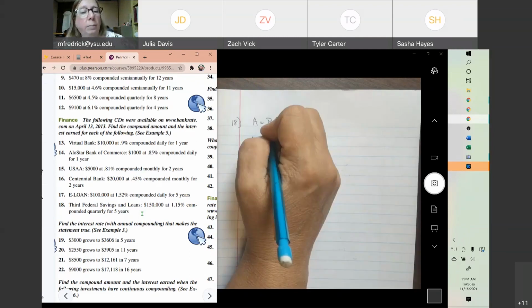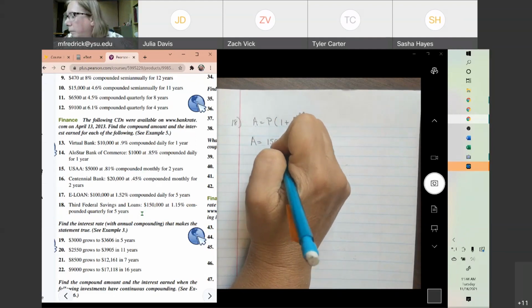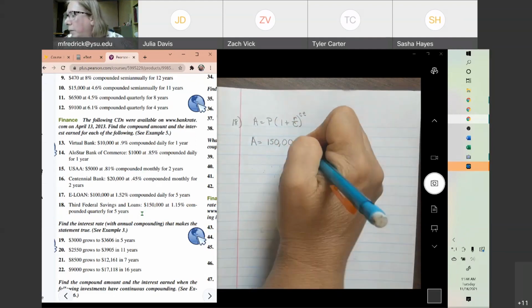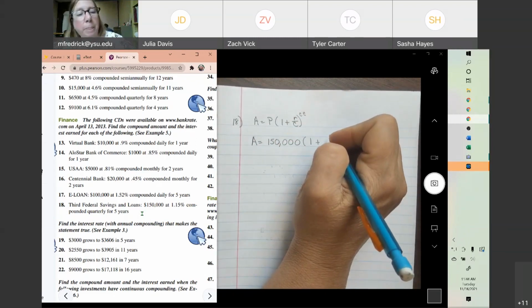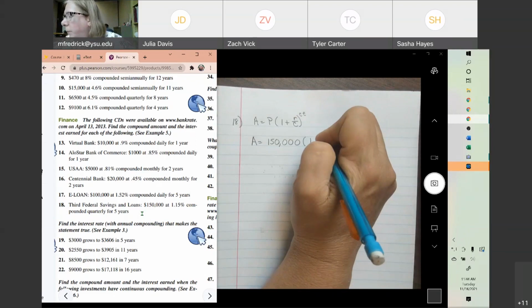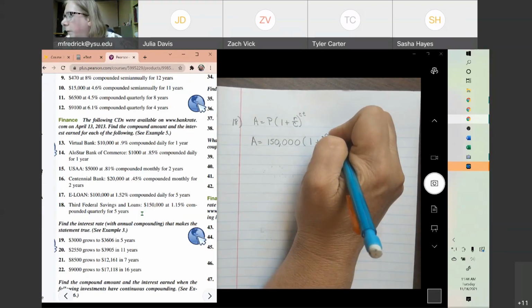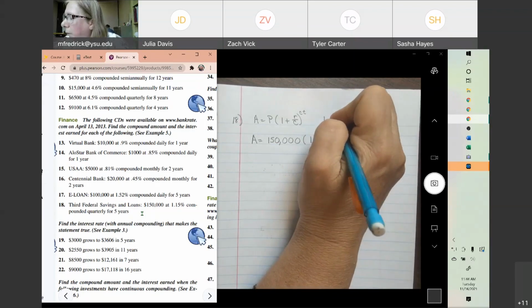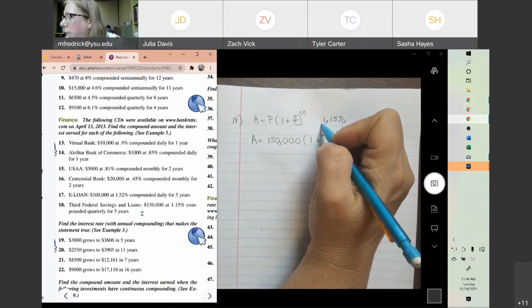P is the starting amount, and number 18 starts with 150,000 times 1 plus the rate as a decimal. 1.15% would be 0.0115. Move it over 2.